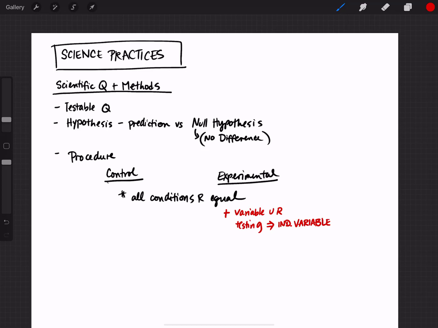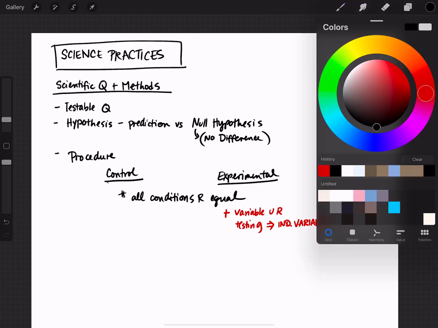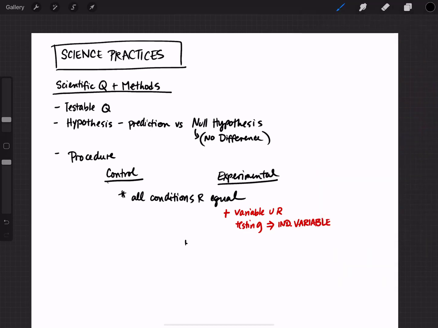So if you're testing the effect of temperature, you're only going to add that variable to the experimental group. The control group could be your room temperature, for example, and then you change the experimental group to either really hot temperature or cold temperature. Okay, that's known as your independent variable. That's the variable that you're manipulating, the variable that you are changing.